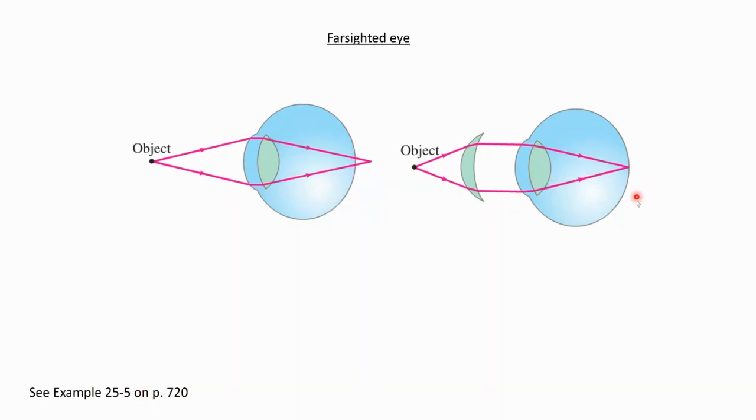That one's quite straightforward, and in the interest of time, I'll just refer you to page 720 for that and go on. So to correct far-sighted vision, that's a converging lens. And remember, converging lenses act as magnifying lenses. So, sometimes you see people wearing glasses and their eyes happen to look bigger when they have the glasses on. That's because they're farsighted.